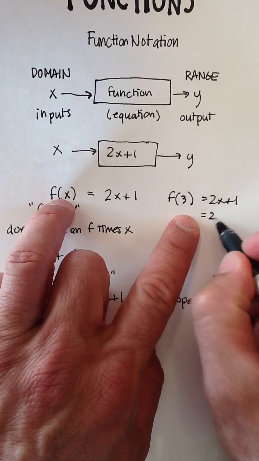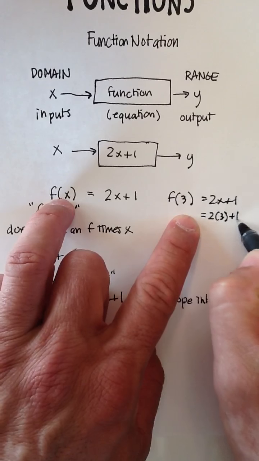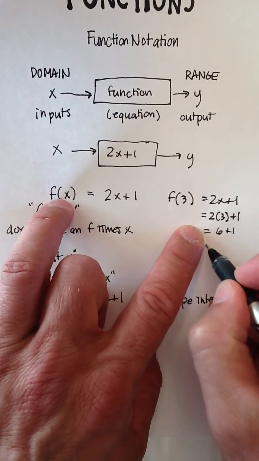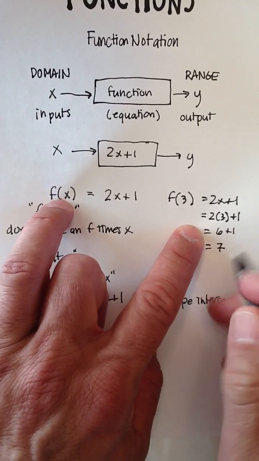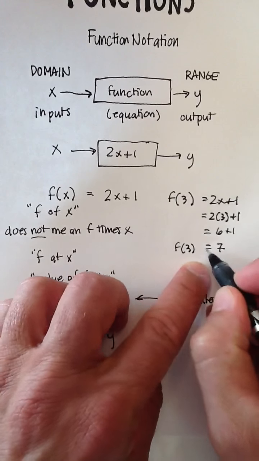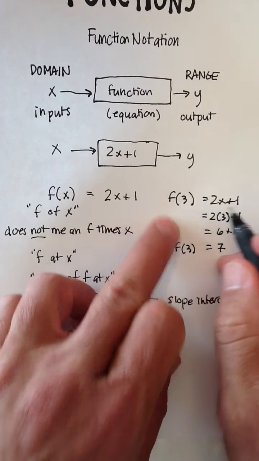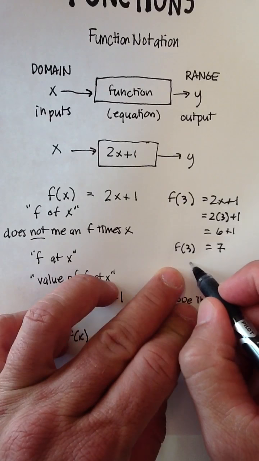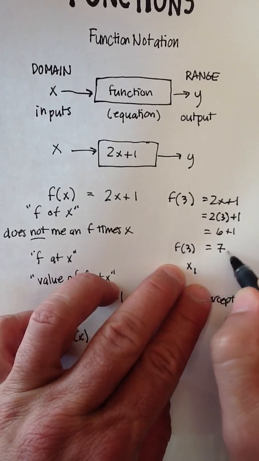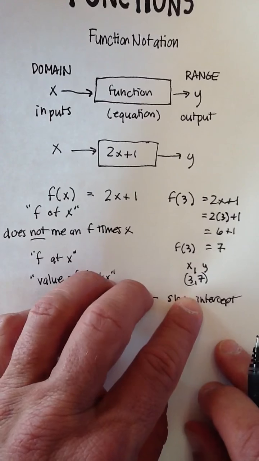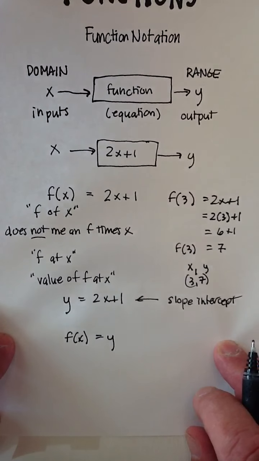So I would rewrite this like this, and then I would rewrite that as 6 plus 1, and I would rewrite that as 7. So I could say that f of 3 is equal to 7 for this particular function. And the x and the y here would be the x is 3, the y is 7, or the ordered pair 3, 7. Okay? I hope that was helpful to you.